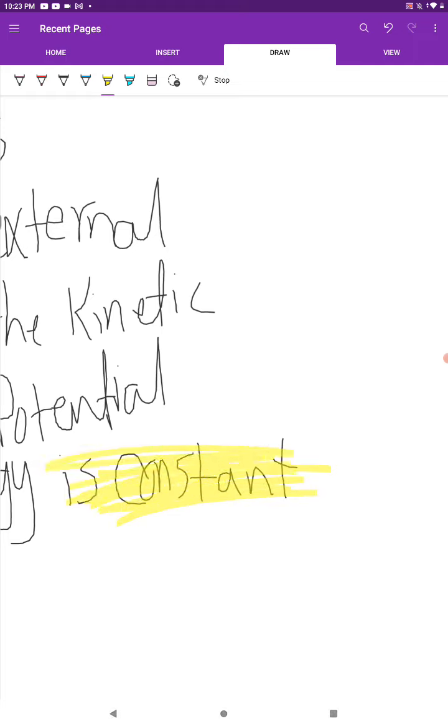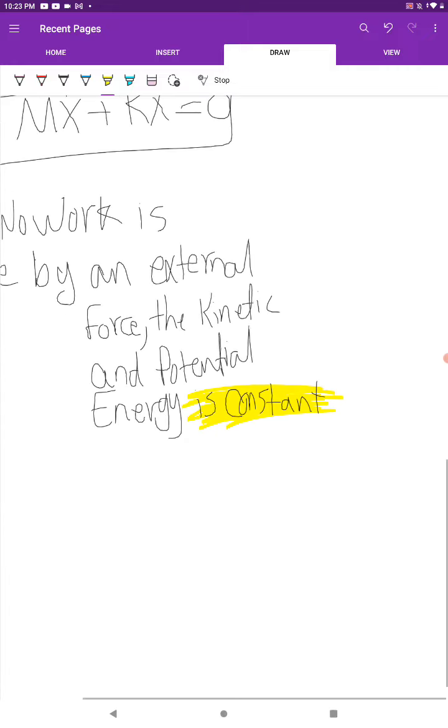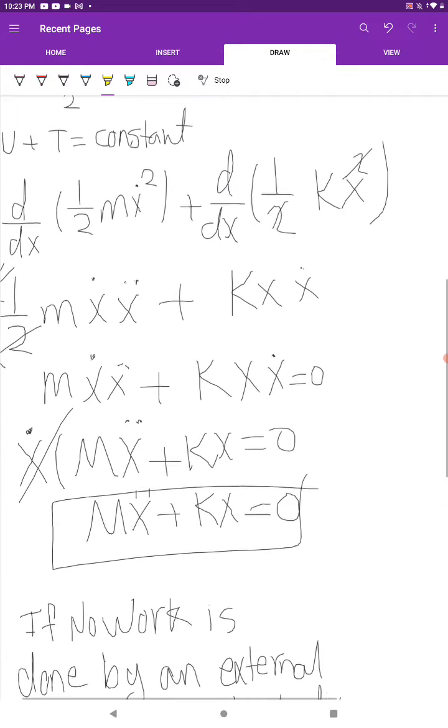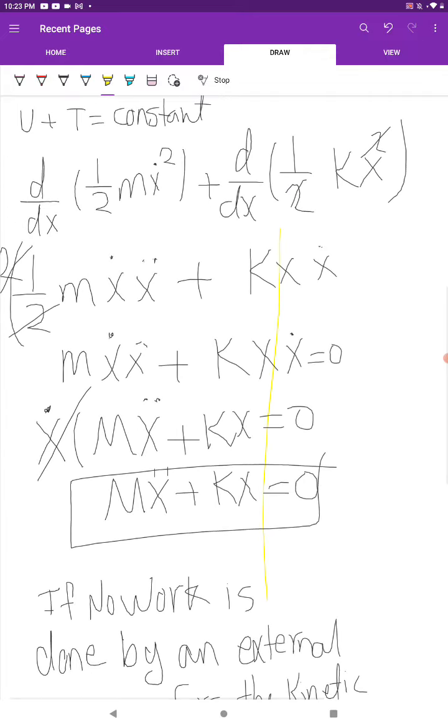U plus T equals constant. U is the potential energy and T is the kinetic energy. And this is it for the first example.